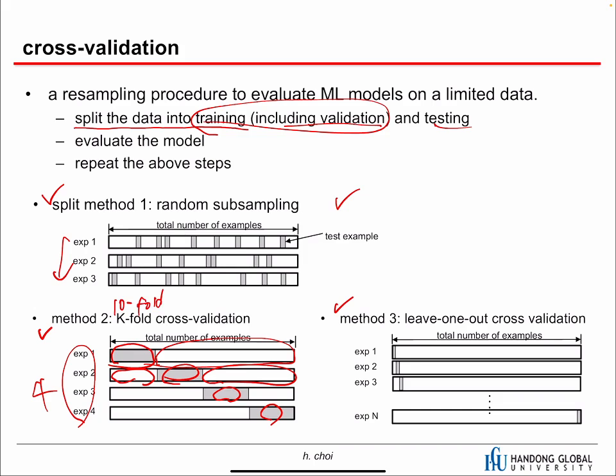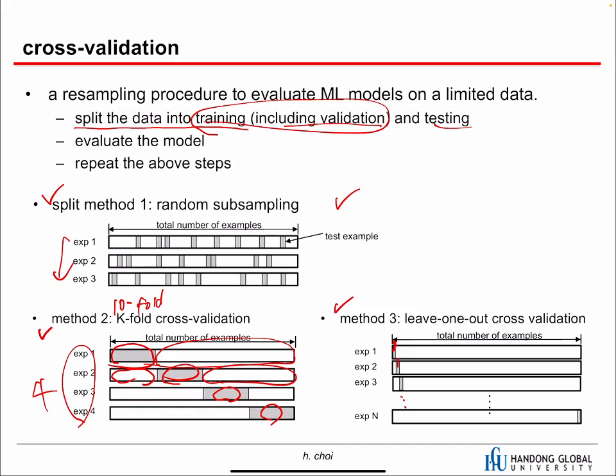And the last one, the leave one out cross validation, is only for very limited data samples. So we don't have a lot of samples. In that case, we use just one sample for the testing. All the other samples are used to train the model. And in the next, we use just one sample, the second sample is the testing sample, and all the other samples for the training, and so on.